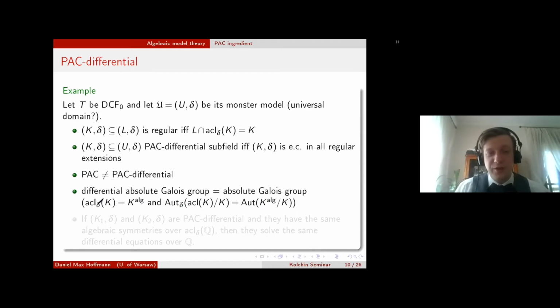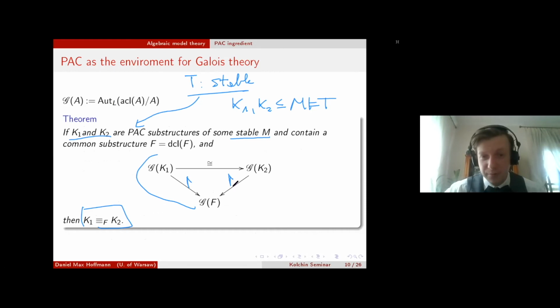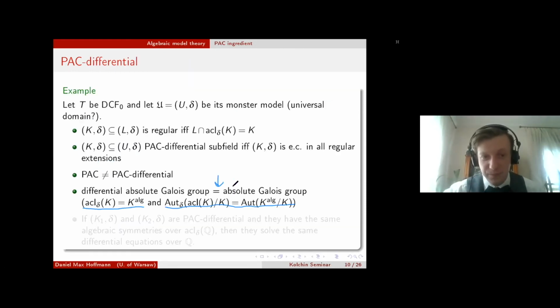We also know that the algebraic closure of K of a differential field is just the pure algebraic closure, the model theoretic differential ACL of K. And we also know that this holds, so the differential automorphism group of the algebraic closure of K is just, again, the thing here. That is the explanation of what I mean in this slide.